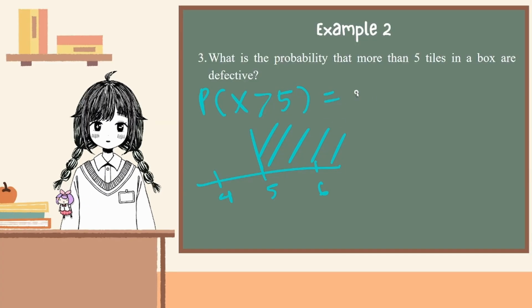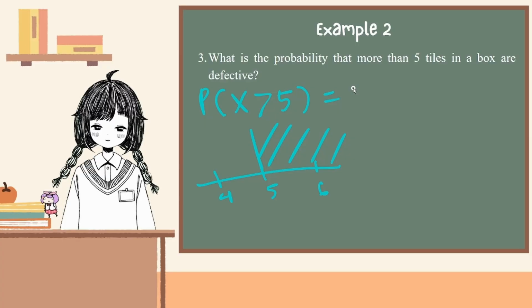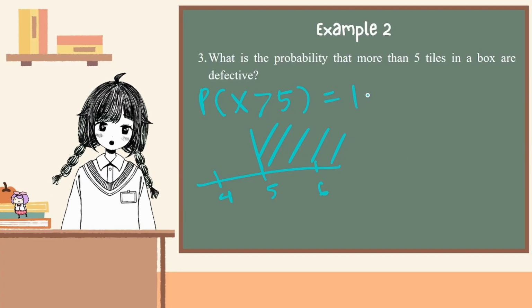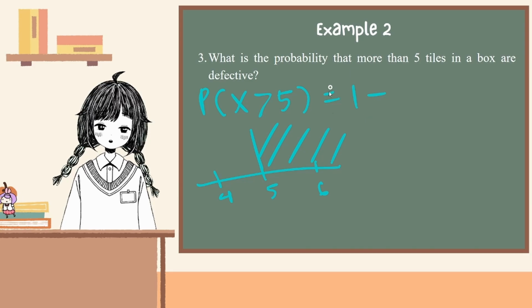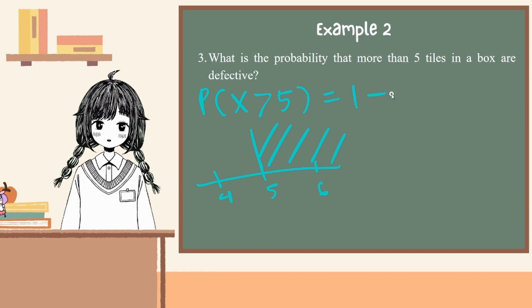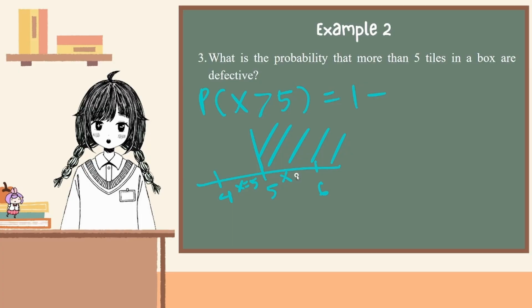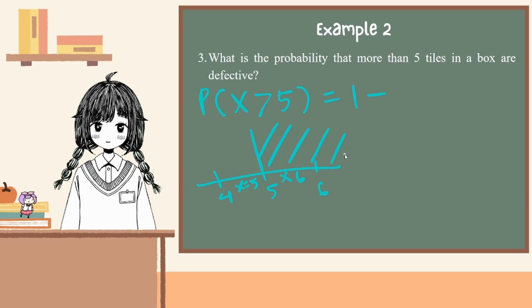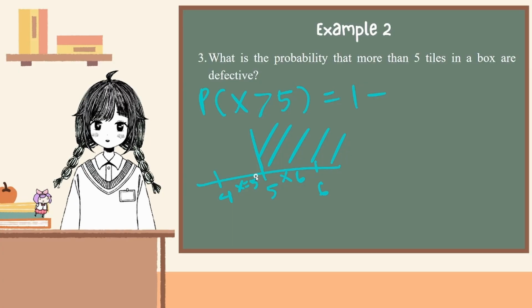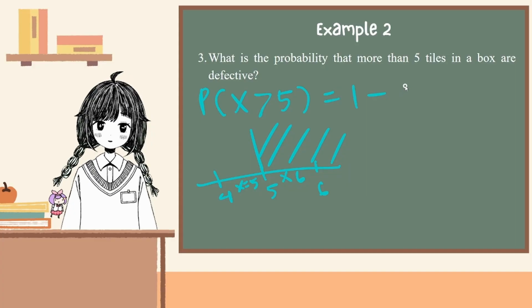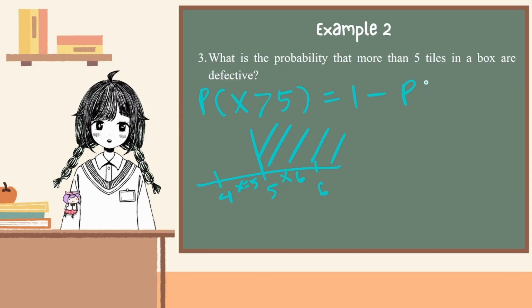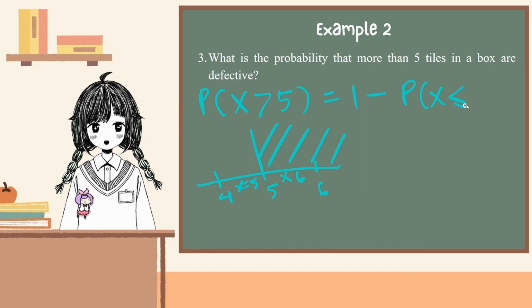If something is more than some number, automatically assume the 1 means the 100% probability. So 1 minus, we can get rid of this part. The in-between here means P(X less than or equal to 5).